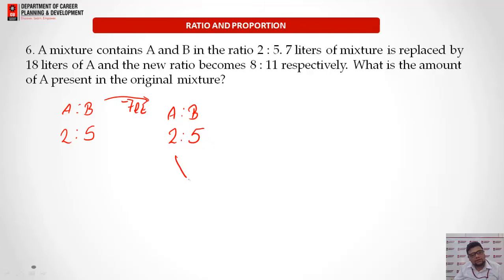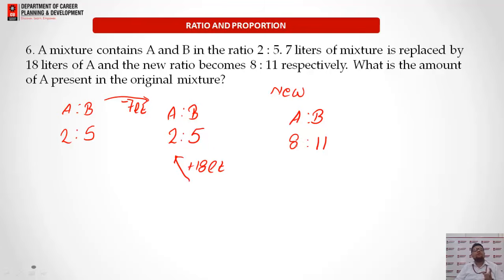But now if I have added 18 liter of A, then the new ratio of A is to B is given to us, that is 8 is to 11.